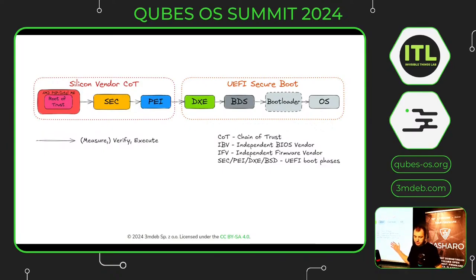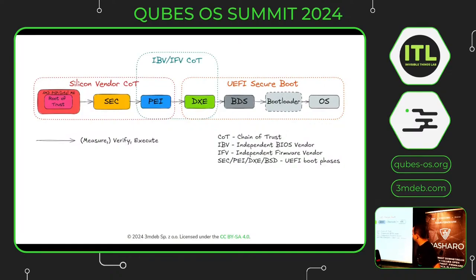Of course, if UEFI Secure Boot is not set, then there is no verification at all, so every component boots without checking the signatures. And this is the state for the reference implementation; your favorite BIOS vendor could have a different configuration.